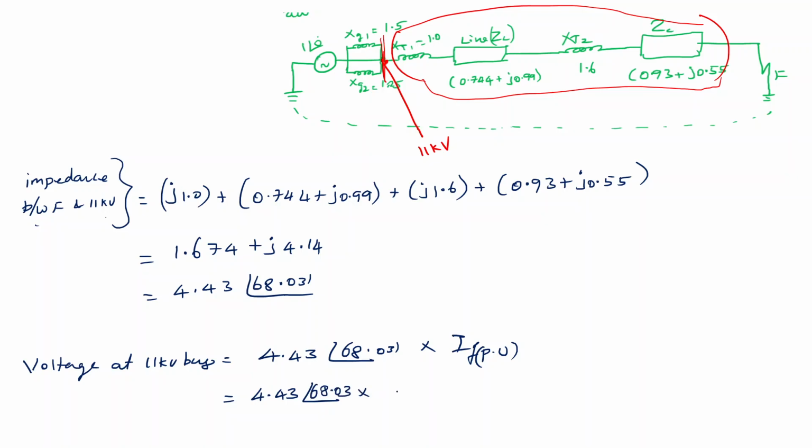It is 4.43 angle 68.031 into IF, where IF is 0.196 angle minus 70.47. So please convert this degree into radian and then multiply. This is the per unit value we are calculating, the voltage at 11 kV per unit.